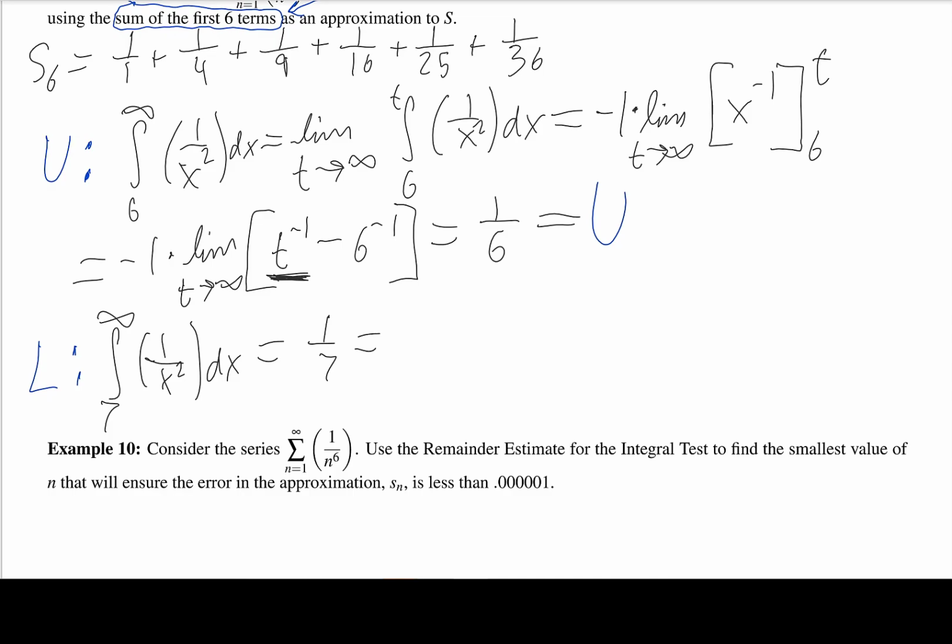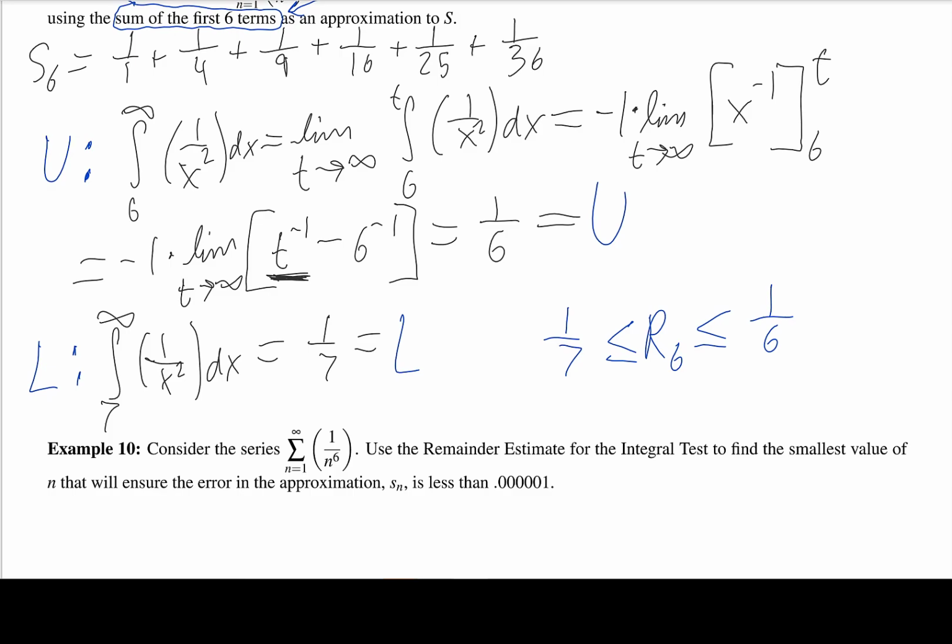And so that is our lower bound. And so what this tells me is that our remainder, R sub 6, is going to be greater than or equal to 1/7 and less than or equal to 1/6. So we actually have a pretty good approximation here. To say that the remainder is going to be between these two values is pretty good.